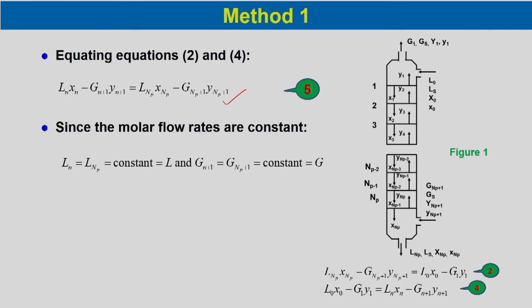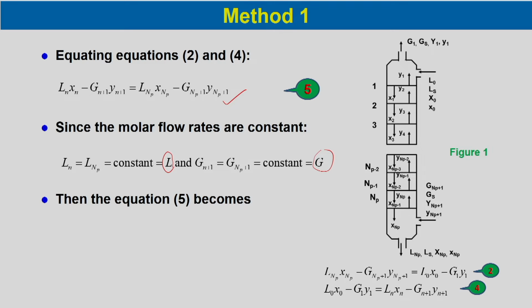So, with these assumptions we can write L n equal to L N P equal to a constant, which we consider as L. Similarly, for gas, G n plus 1 equal to G N P plus 1 equal to a constant, which is denoted as G. So, from now onwards the liquid and gas flow rates will be denoted as L and G.